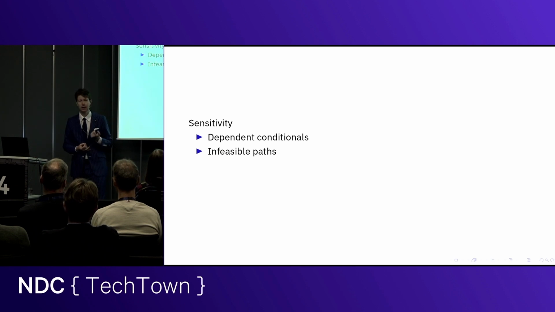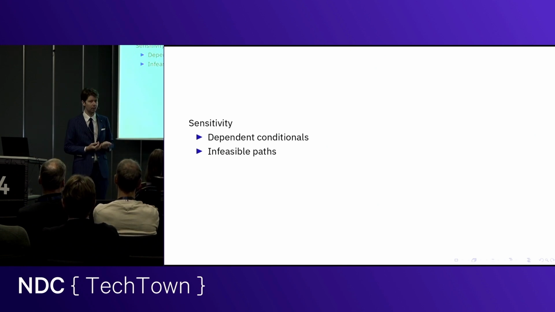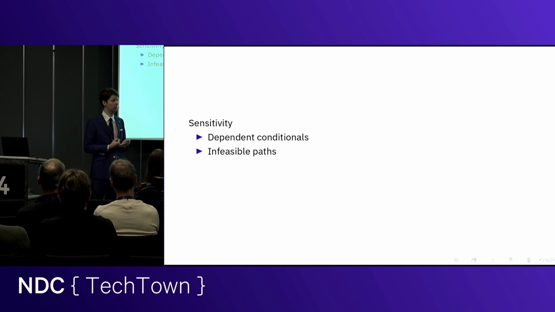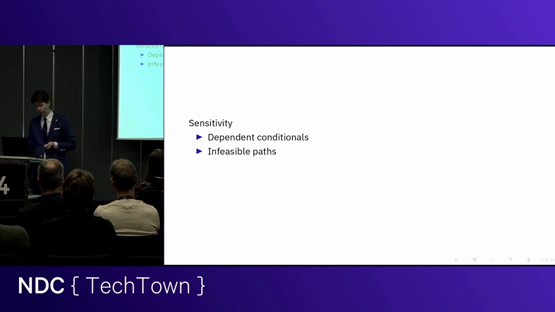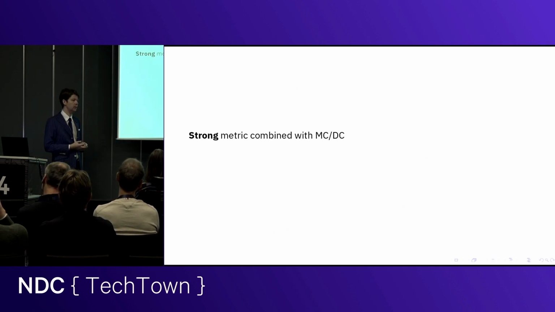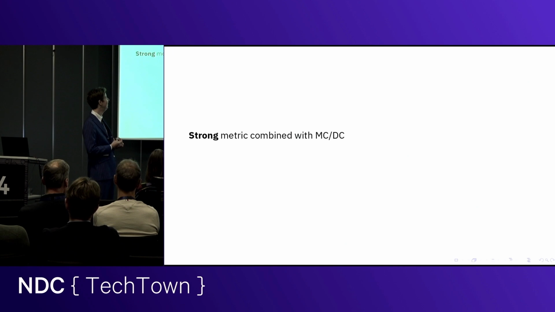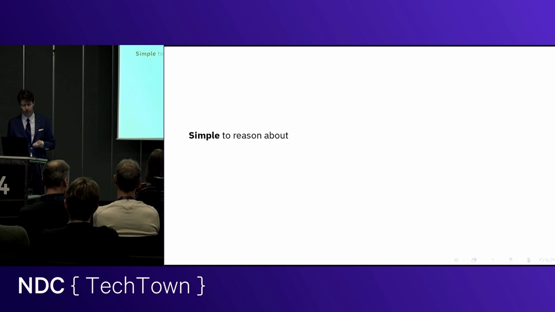And both of those, especially in the context of safety critical systems, knowing about dependent conditions, knowing about infeasible paths is incredibly important to make statements on the operation of your software. Combined with MCDC, you now have a very strong set of metrics that are pretty easy to understand, maybe MCDC less so than prime path coverage, sort of for free, right? And the good thing is it's still simple to reason about.